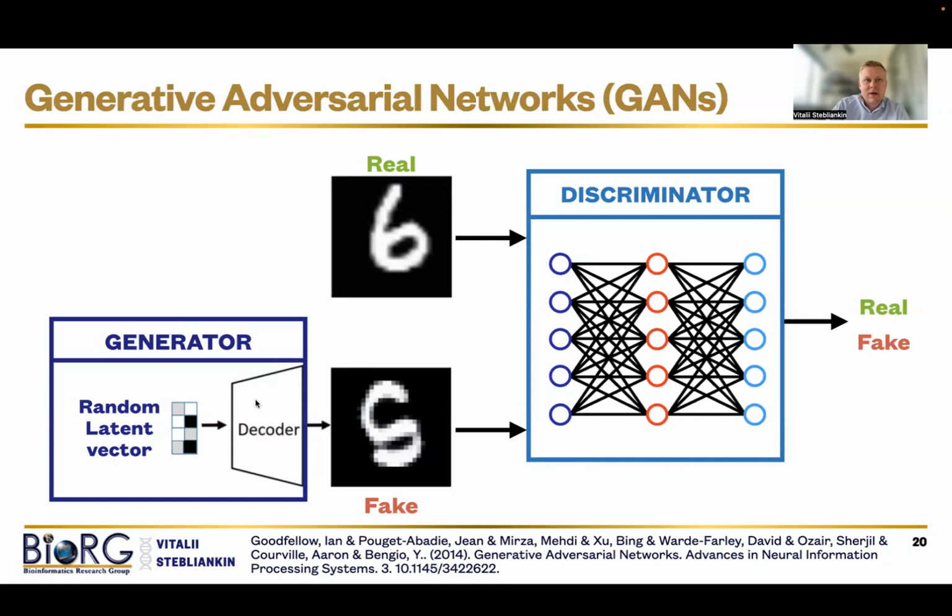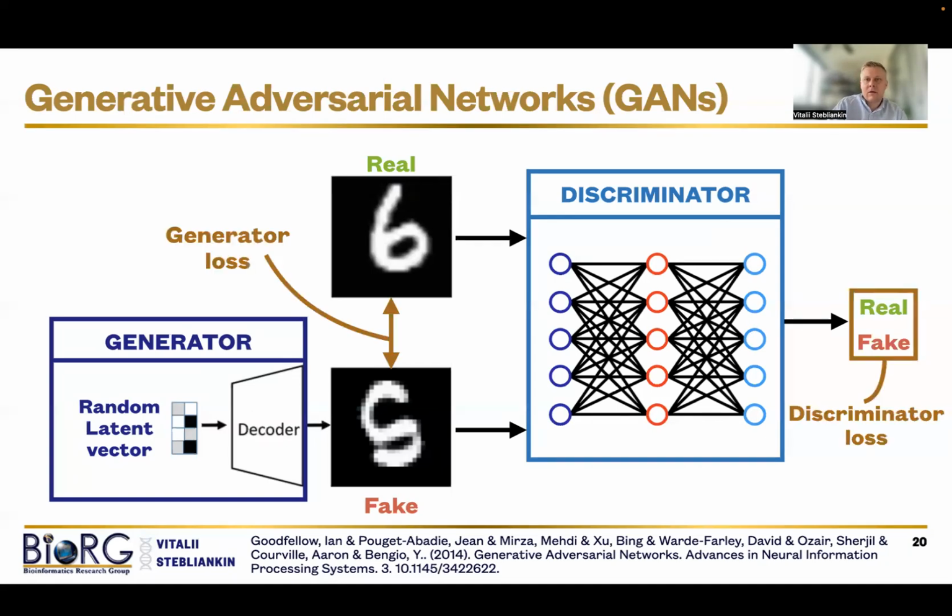So both generator and discriminator are trained at the same time, and the loss function consists of discriminator loss and generator loss. The generator loss is simply a reconstruction loss that tries to create the image as real as possible, while the discriminator tries to classify it as real or fake.